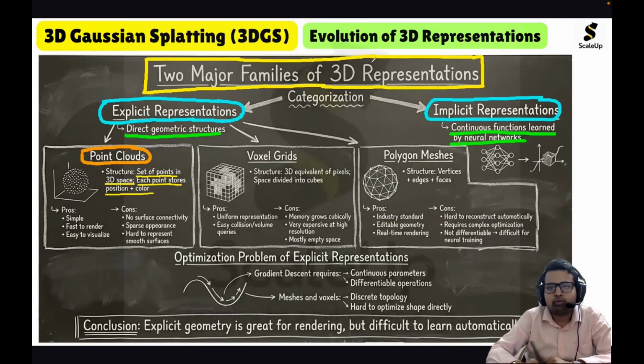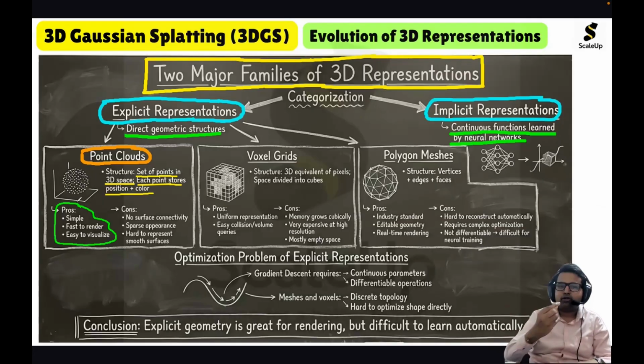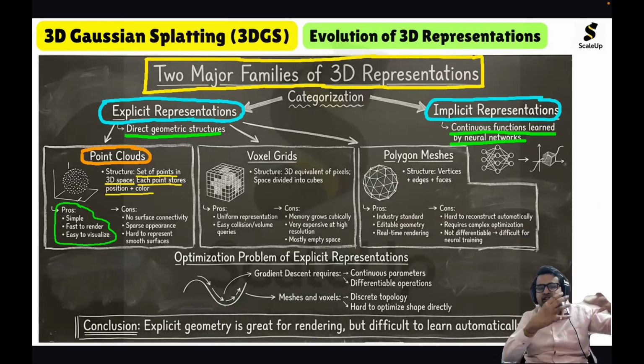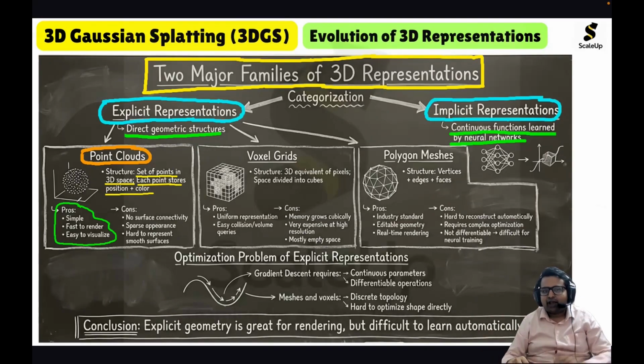Now if we talk about the pros, it is simple, fast to render, and easy to visualize. So if I want to represent a scene in 3D space, I can represent it in the form of point clouds, and it is very simple, fast to render, and easy to visualize.